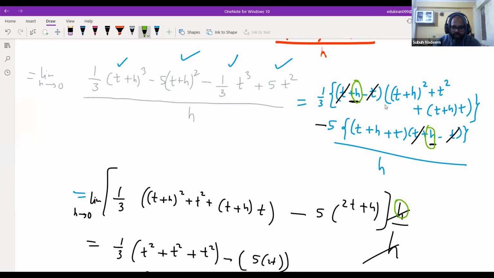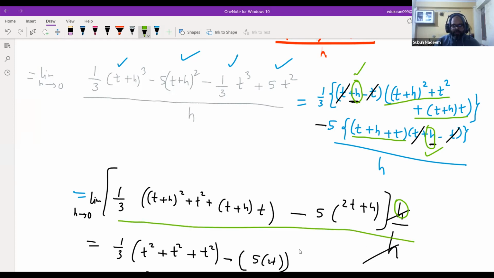So from this term, this h is the only remaining value which is multiplied, and from this term, this h is the only remaining value. So h comes outside. The rest of the terms we are writing inside the bracket. Yeah. So can you scroll down?